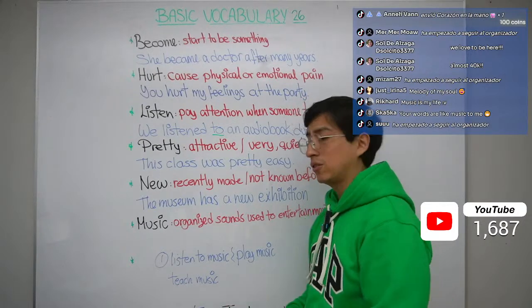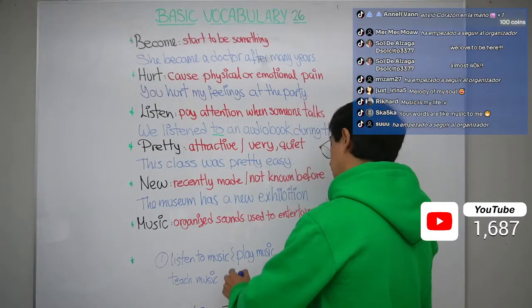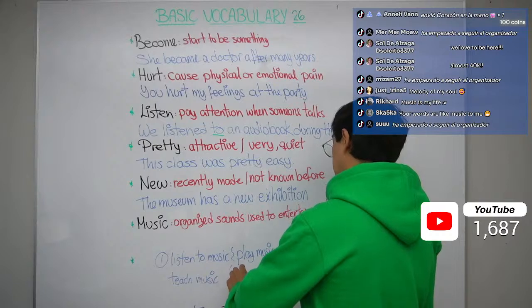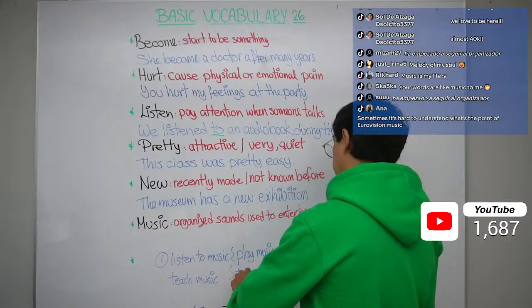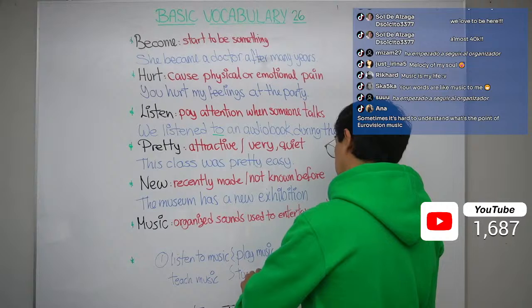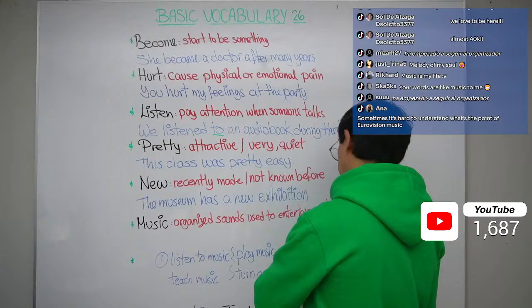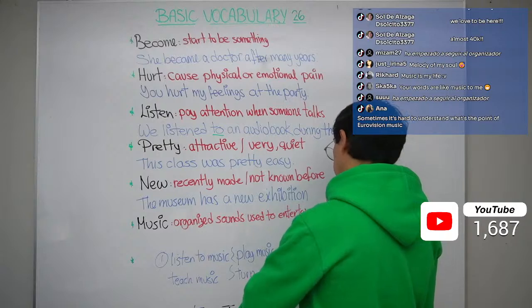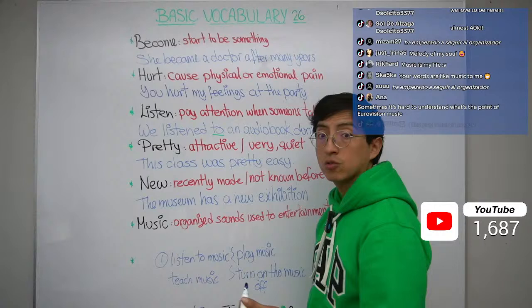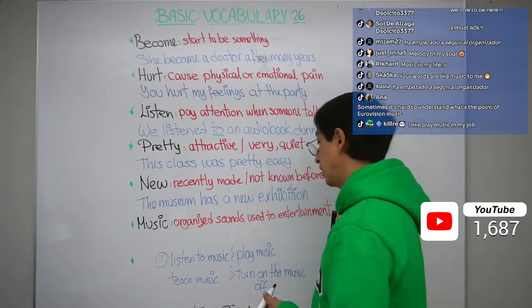Other expressions that you can use here are turn on the music or the opposite, turn off the music. Yes, these are two other expressions that you can use here.